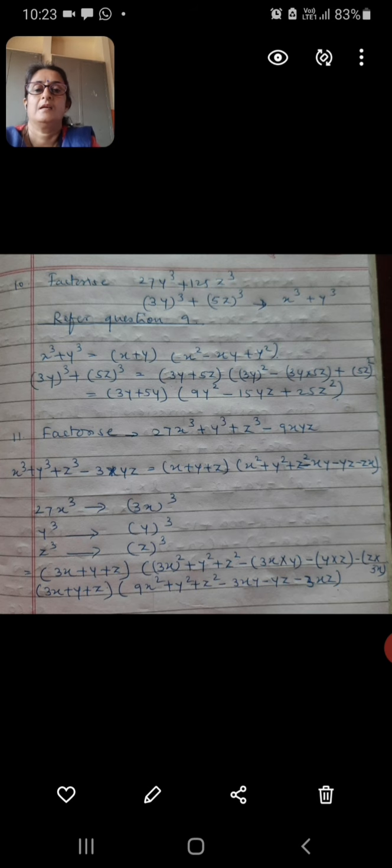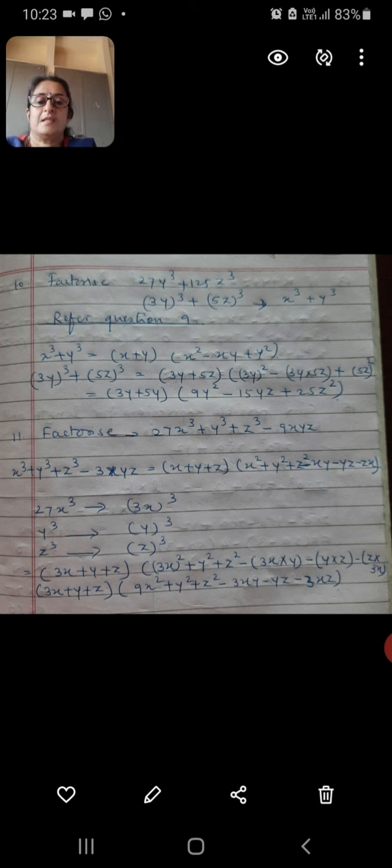So replace x with 3y and y with 5z. You will get (3y plus 5z) and (9y square minus 15yz plus 25z square).